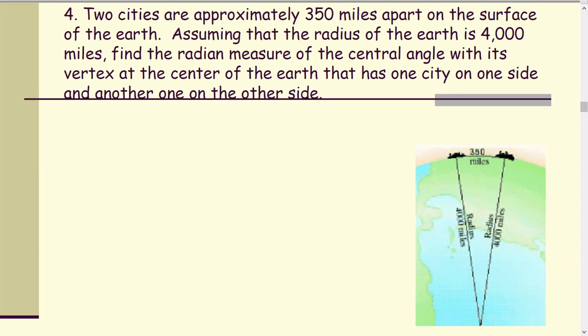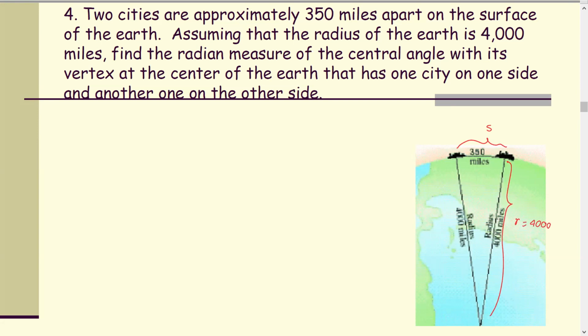From information here, 350 miles would be the distance from two cities. So this would be the S, or the arc length. And the radius of the Earth, or R, would be 4,000.